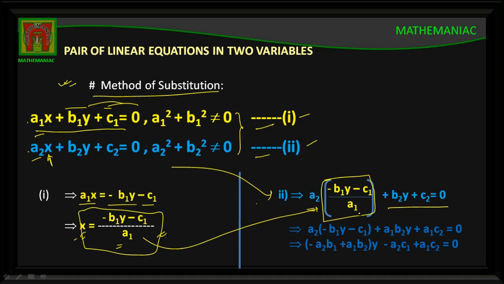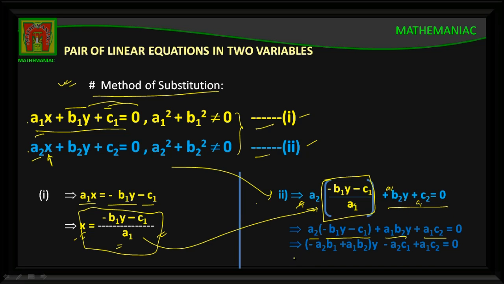Multiply each and every term by a1 because a1 is the denominator. So once you multiply here by a1, they will get cut and you'll be left with a2, and then inside it is minus b1y minus c1. Then this will be multiplied by a1, so you'll be getting a1 b2y. This will also be multiplied by a1, so you'll be getting a1 c2.